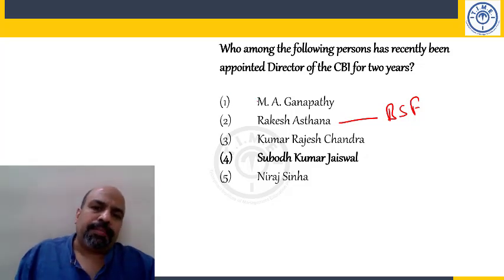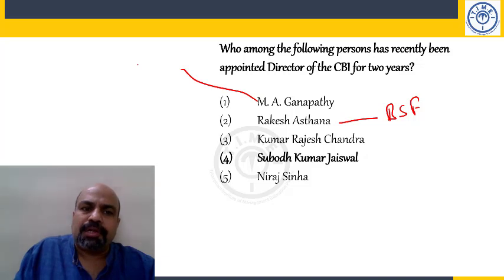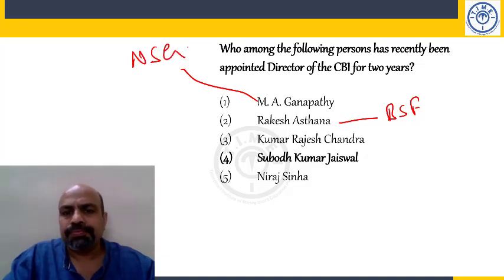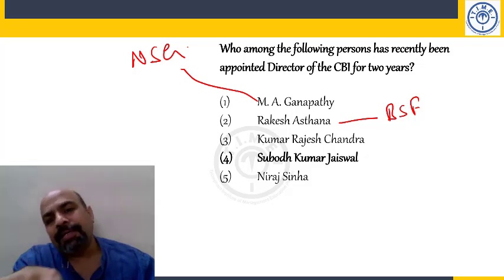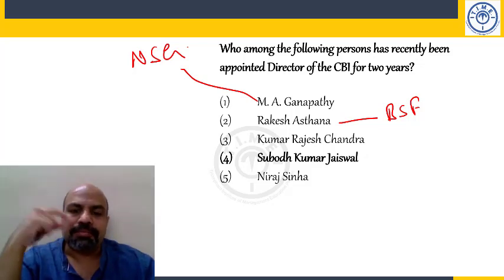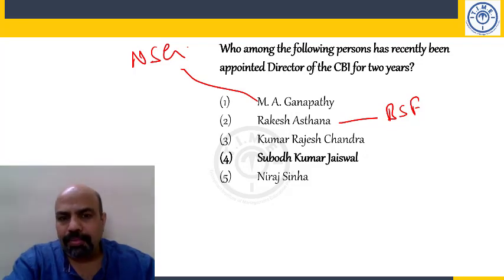If I am not wrong, M.A. Ganapati is the Director General of the National Security Guards, NSG. So Asthana, ex-CBI Director, remember that? He is the Director General of Border Security Force, and M.A. Ganapati is the Director General of National Security Guards.